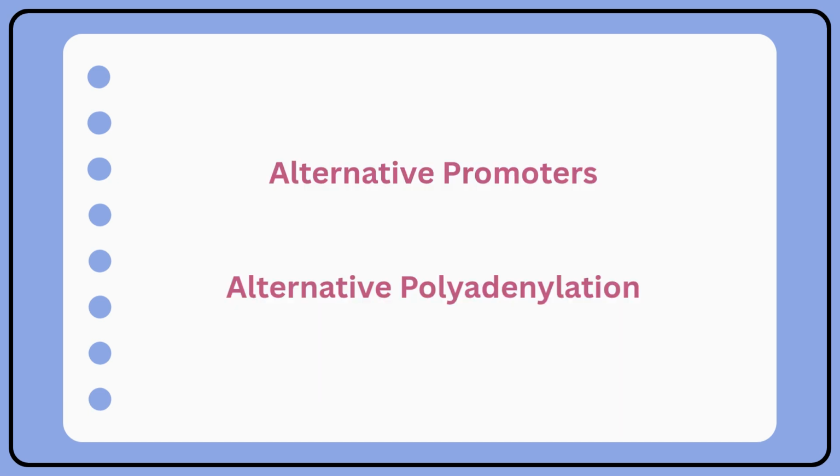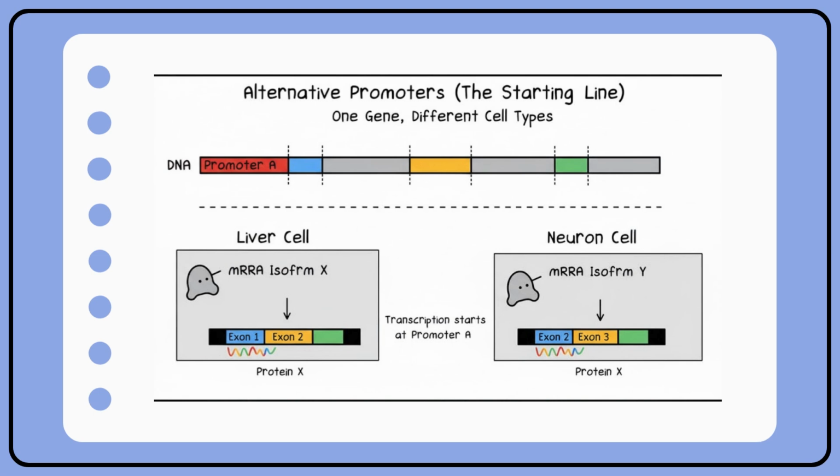But the cell also has other ways to control where and how much protein is made through alternative promoters and alternative polyadenylation. In the alternative promoter process, some genes have multiple promoters. And as we know, the promoter is the sequence where the transcription machinery can start copying the gene.